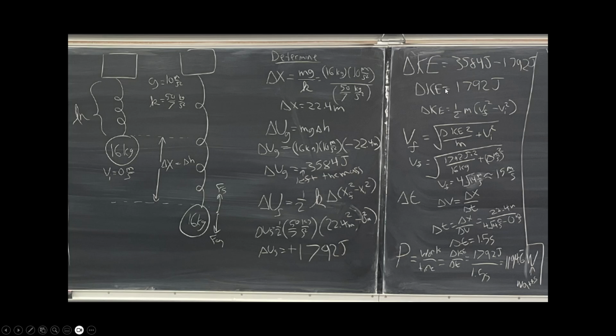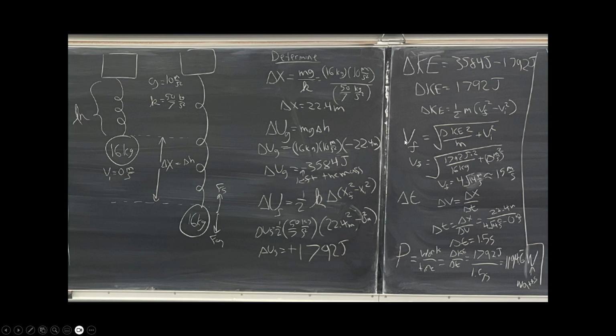Delta KE equals 1/2 times the mass, m, times the quantity V_F, velocity final squared, minus V_I, or velocity initial squared. Again, this is a difference of squares, not a squared difference.